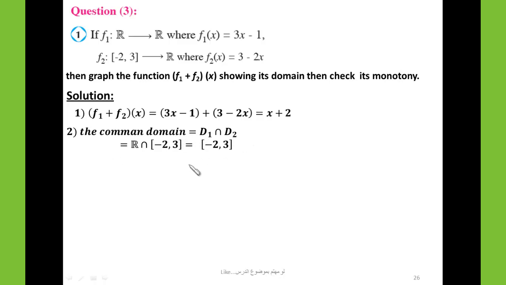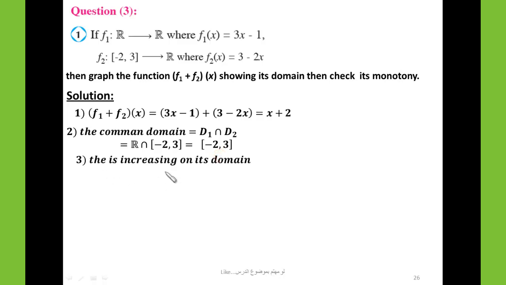The domain of f1 plus f2 equals the domain of the first function intersect the domain of the second function. The domain of the first function is R, and the domain of the second function is the closed interval negative 2 to 3. And their intersection equals the interval negative 2 to 3.